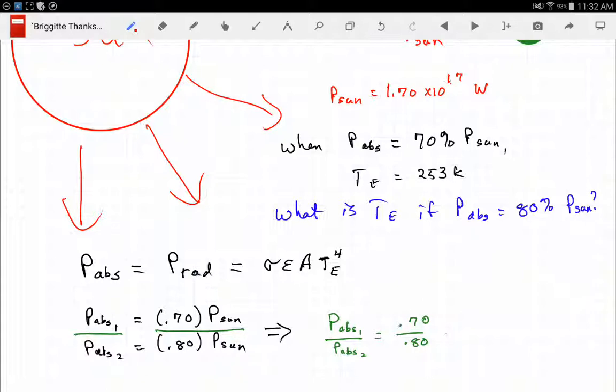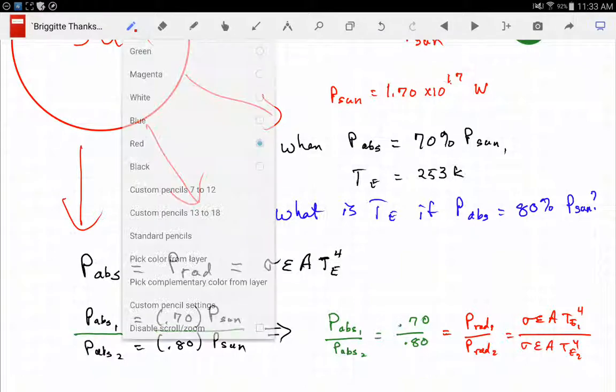Power absorbed is the same as power radiated, so that's also going to be the power radiated 1 divided by the power radiated 2, and then using that equation finally, sigma epsilon A, temperature of Earth 1 to the fourth power, over sigma epsilon A, temperature of Earth 2 to the fourth power.